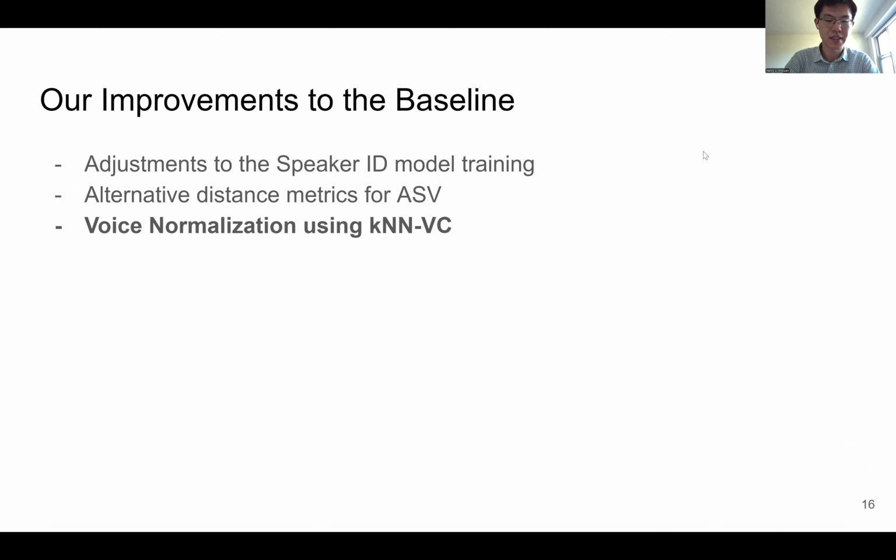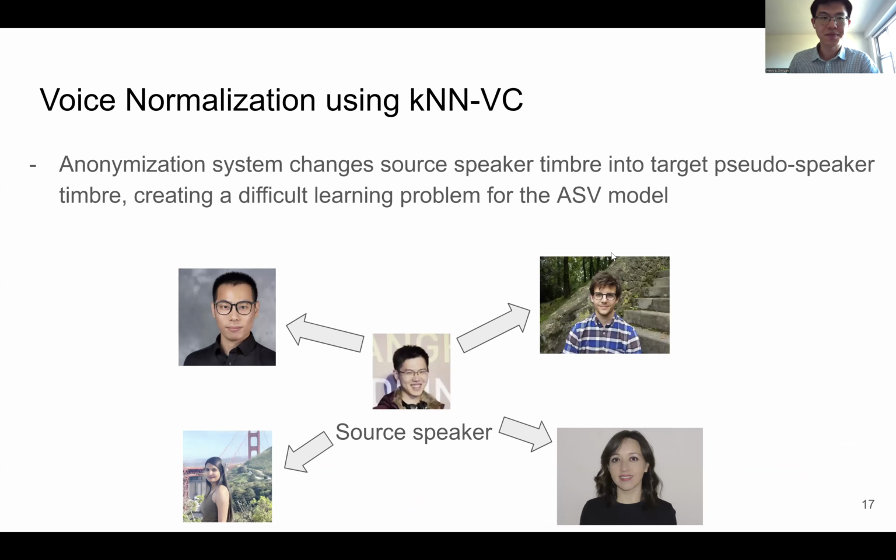Now, finally, let's discuss the last technique which we employ to improve the baseline ASV system, which is voice normalization using kNN-VC. For some context, we observed that every anonymization system, including our own, mostly converts the speech from the source speaker, represented by my own picture in this diagram, to a target proxy speaker.